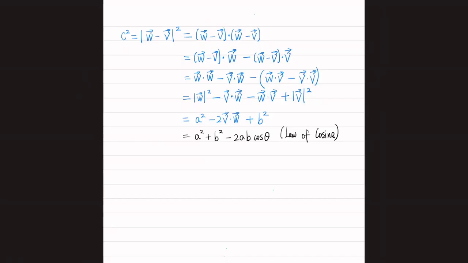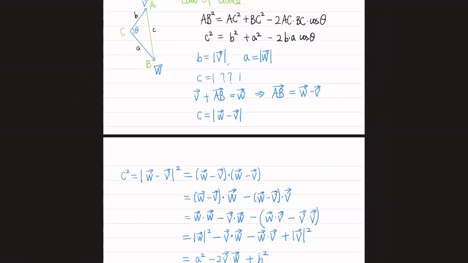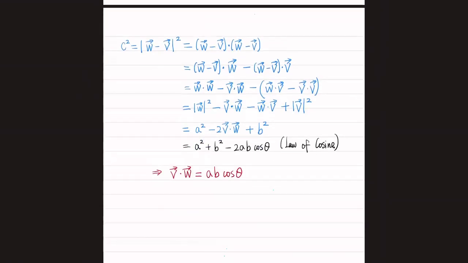Now we simplify. A squared goes away, b squared goes away, negative 2 goes away. Only this is left. And we can switch back, so a is w, b is v. I changed the order because it's just multiplication.